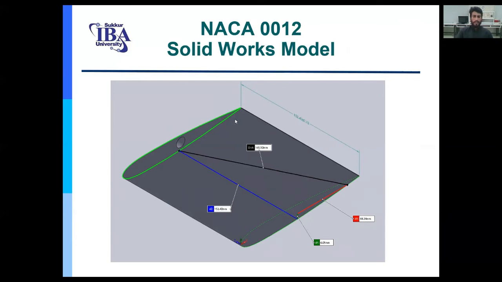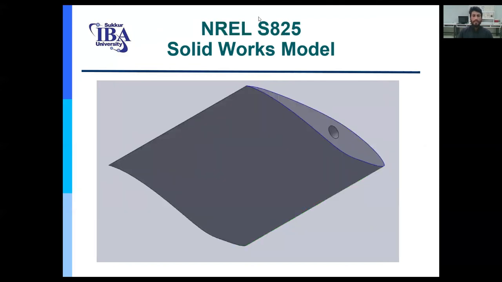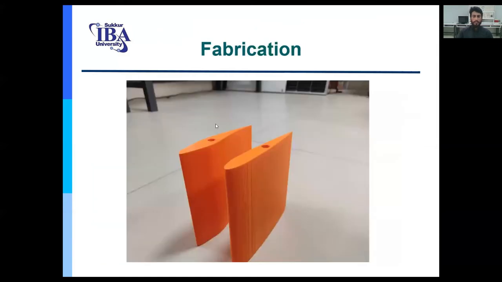We designed the NACA 0012 in SolidWorks first for fabrication purposes. Using this file, we fabricated the airfoil using the 3D printing machines of the Sukkur IBA University Fab Lab. This is the SolidWorks model for NREL S825. These are the fabricated airfoils.